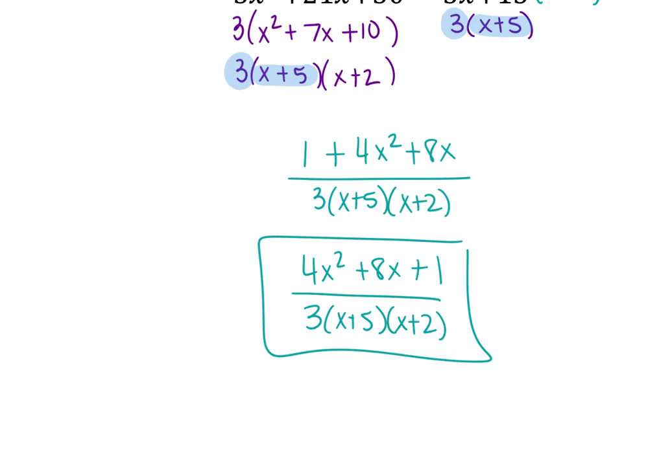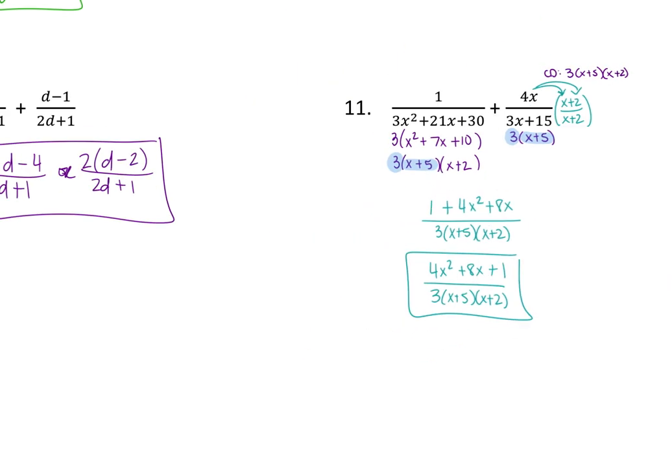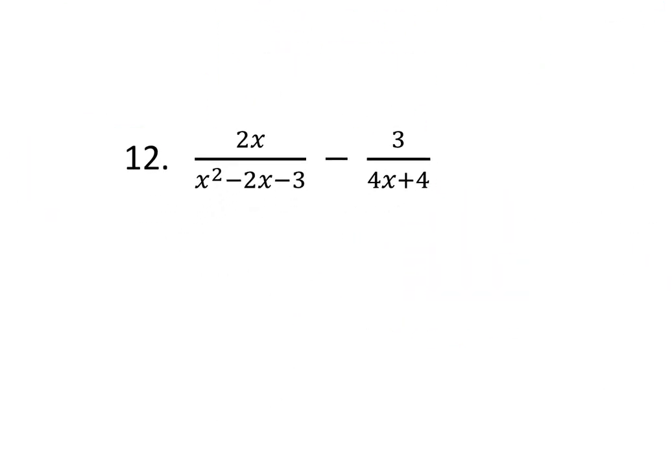Oh, wait, hold on. I think it's a perfect square trinomial. 2x plus 1, 2x plus 1. Oh, no, it's not. What am I talking about? Okay, never mind. Ignore me. Erase. Okay. On to the next one.